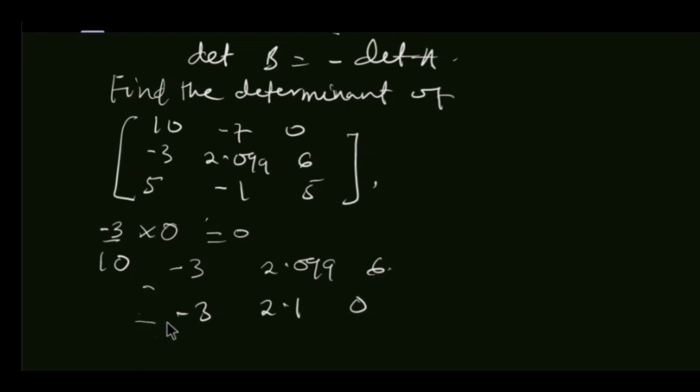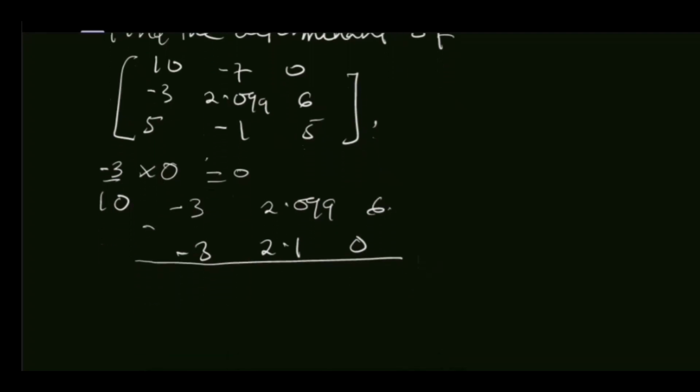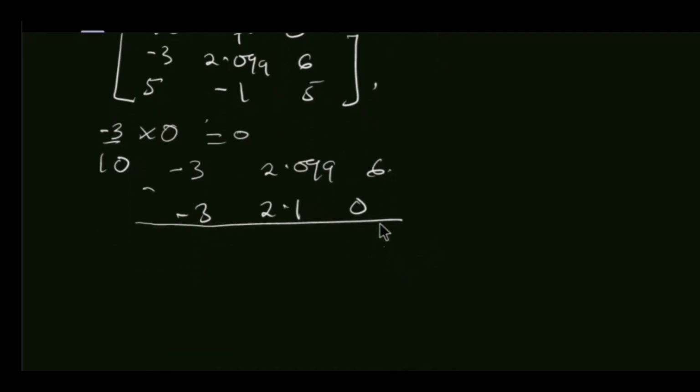Then I'll subtract this whole thing. So 0 minus 6, I'll get 0, then 2.099 minus 2.1, and that's going to give me negative 0.001.